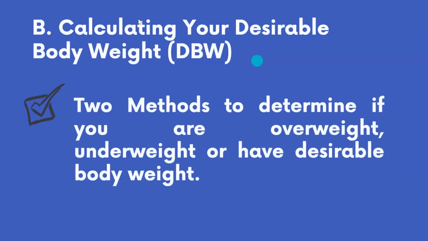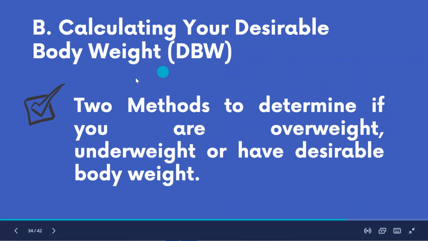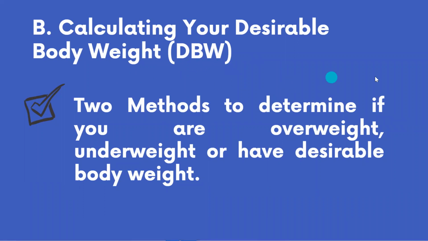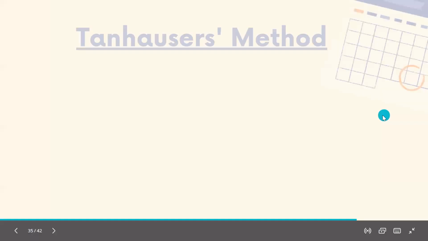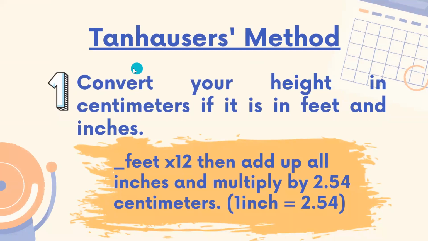Next, letter B is calculating your desirable body weight or DBW. There are two methods to determine if you are overweight, underweight, or have desirable body weight. The first method is what we call Tannhauser's method. First, convert your height to centimeters if it is in feet and inches.